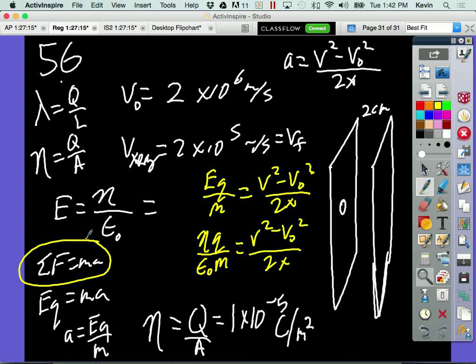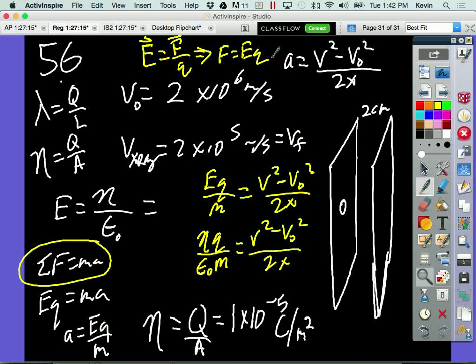and I should remember that the strength of an electric field is F over Q. In fact, some of you will definitely remember that. So from this I get F is EQ, and I say EQ equals MA.